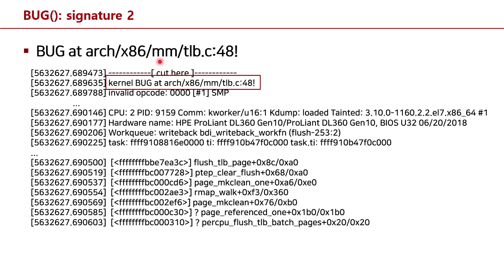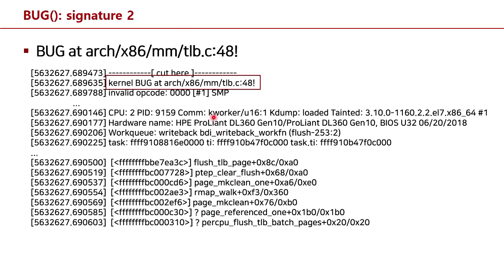In this case, the bug macro is called in arch x86 mm tlb.c, and this signature identifies that it is based on Intel architecture. After the bug macro is called, it causes a kernel crash. And this kernel log indicates several critical signatures.